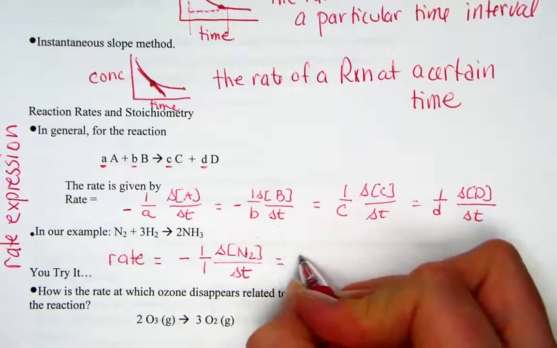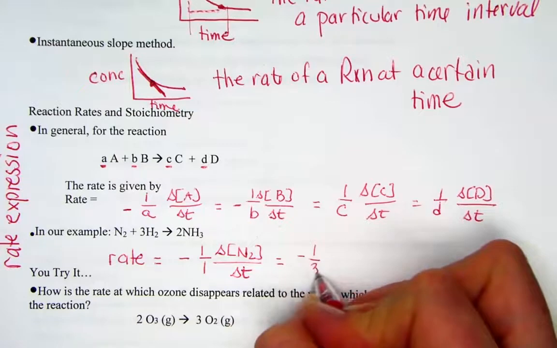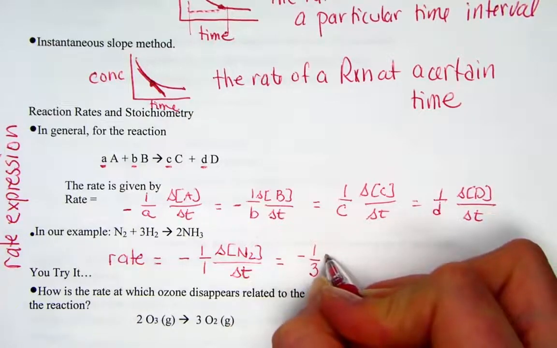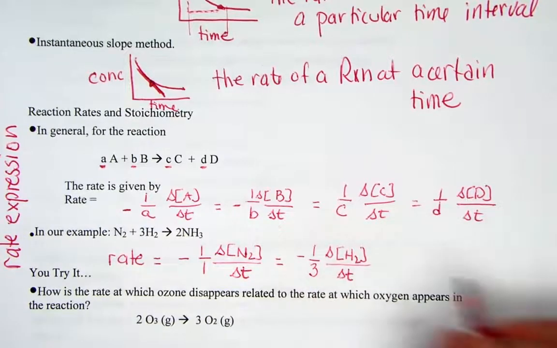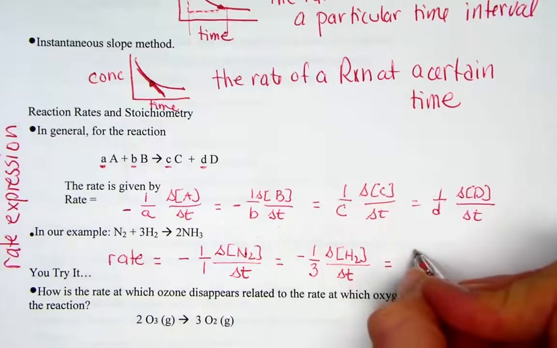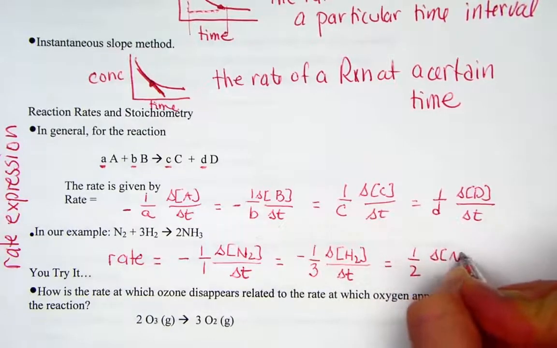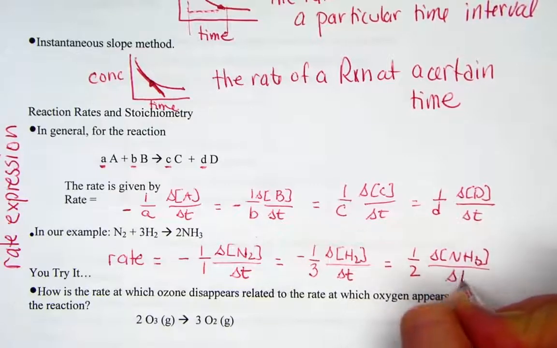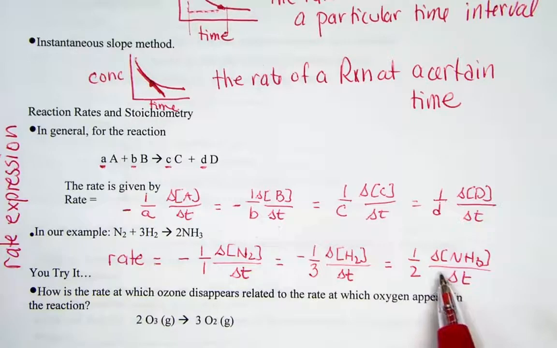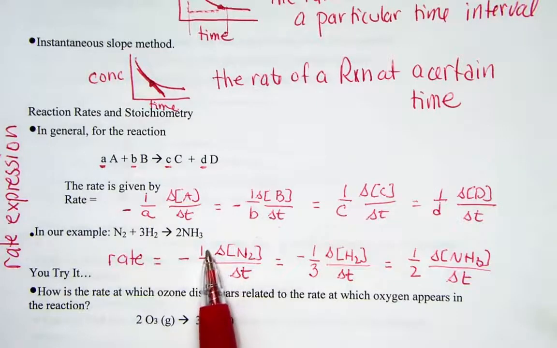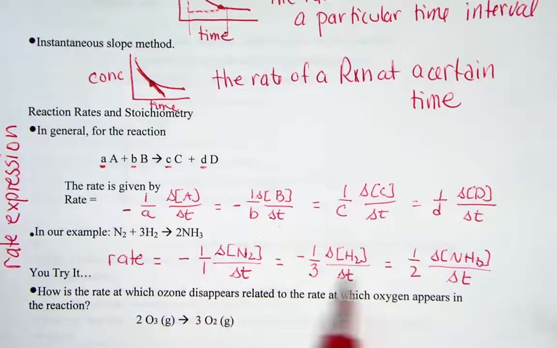Set equal to negative 1/3 the change in concentration of hydrogen over the change in time, set equal to positive 1/2 the change in concentration of ammonia over the change in time. Hydrogen disappears at 1/3 the rate of nitrogen. Ammonia appears at 1/2 the rate of nitrogen. The rate expression uses stoichiometry, remembering to place under a fraction the coefficient in front of reactants and products.